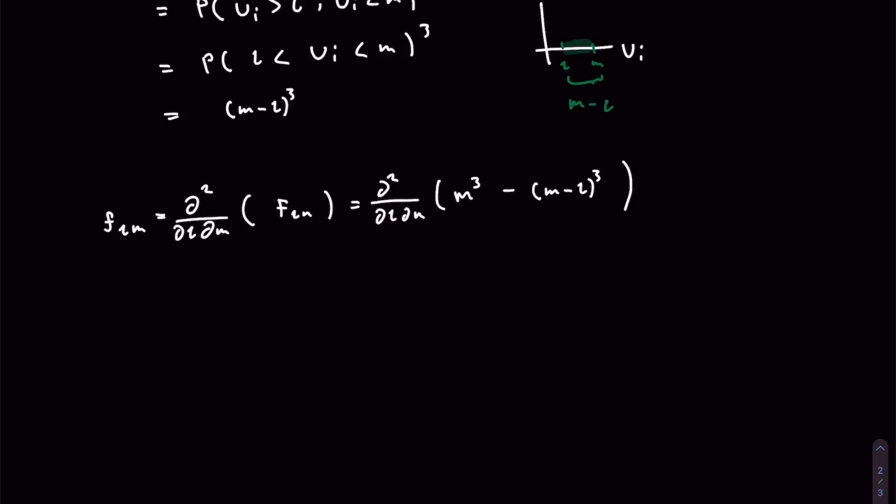Okay, so let's take the derivative with respect to M first, and then with respect to L. And so this is then just 3m squared minus (m minus L) squared, times 3, like so.